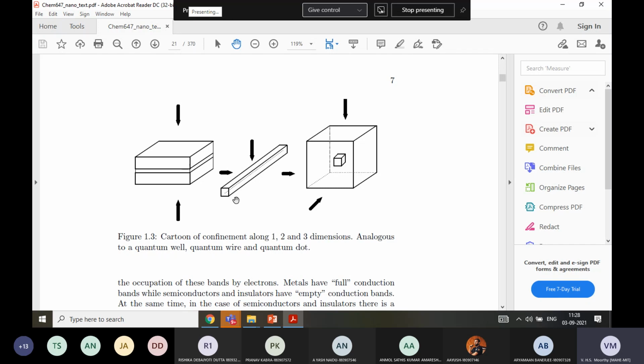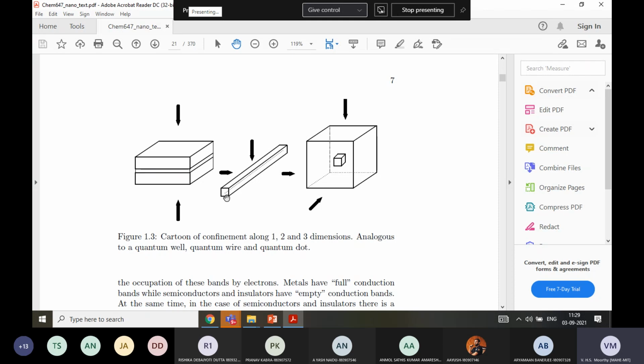But for the sake of understanding, the electron moves freely in the x direction, while in the y and z directions its movement is restricted, which means its energy levels are quantized in the y and z directions.